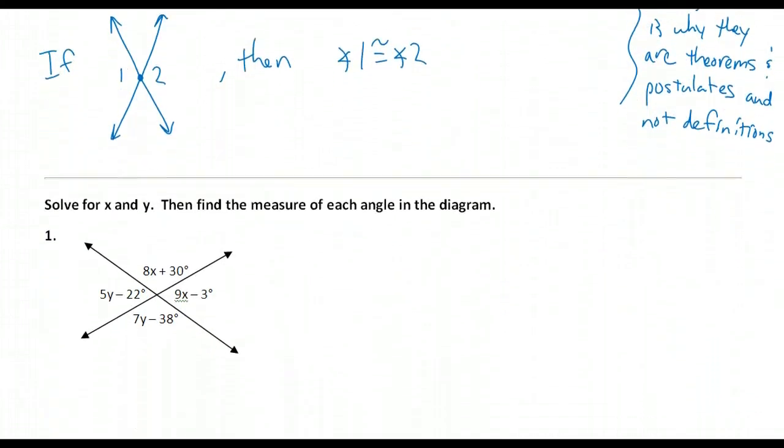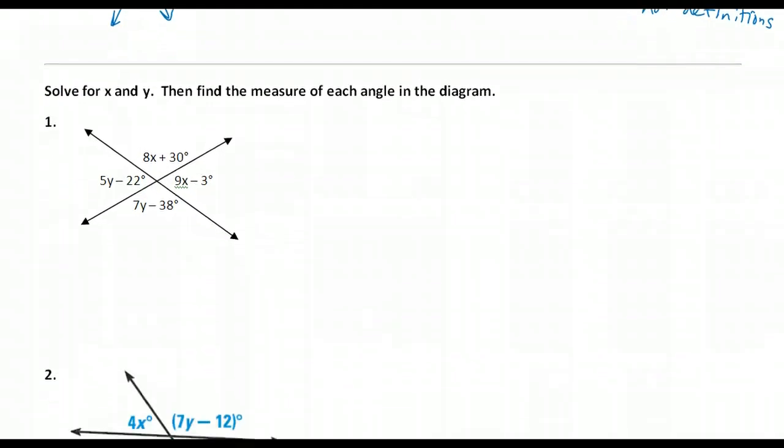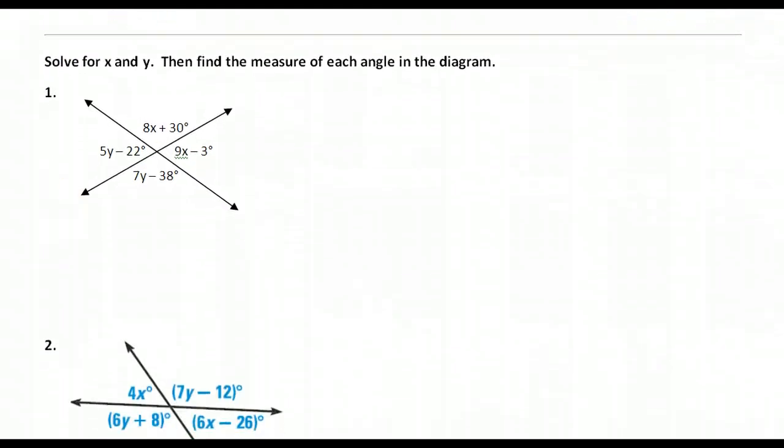Let's take a look at a couple problems that involve these two theorems and postulates. If I look at my diagram, I have vertical angles and I have linear pairs. So in this picture, my adjacent angles form linear pairs and my angles across from each other are vertical.